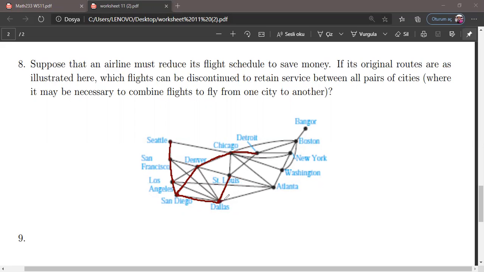And from here to Atlanta, to Washington, New York, Houston, and Denver. So this is a subgraph of the given graph, right? So it's connected, right, from any two vertices, and there's no circuit.